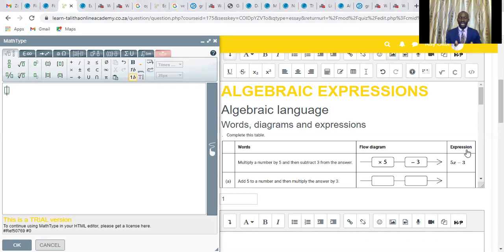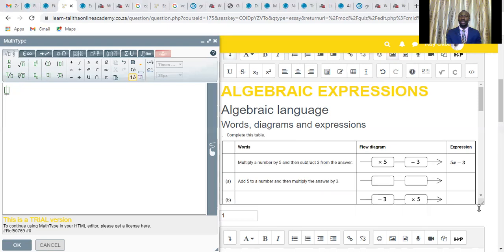When you multiply a number by 5, what you get is 5x, which is the result. Then, when you are required to take away or subtract some quantity, in this case 3, from the answer, you will have 5 times x minus 3.